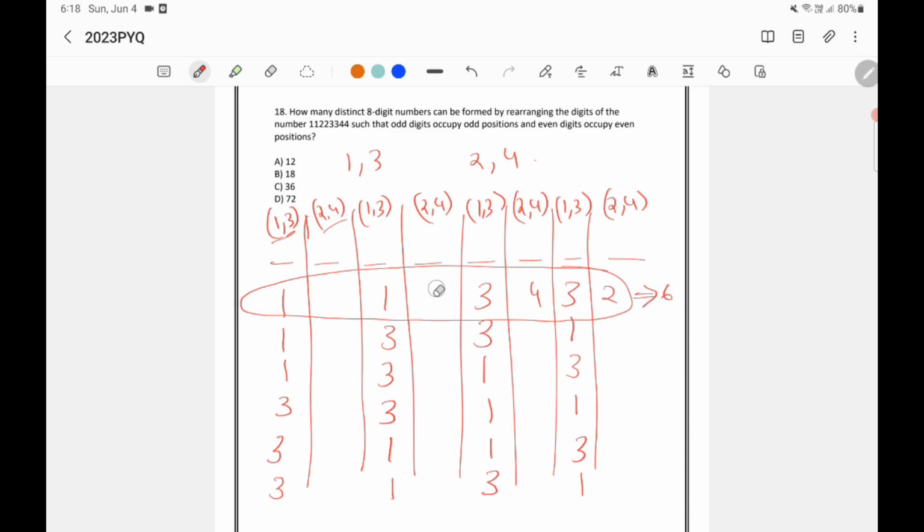That is, if I arrange 1 and 3 like this, there are 6 possibilities of arranging 2 and 4. Again, if I arrange 1 and 3 another way, there will be 6 possibilities for arranging 2 and 4. Similarly here also there will be 6, 6, 6 and 6. So in total, 6 into 6, 36 possibilities will be there. So the answer is option C, 36.